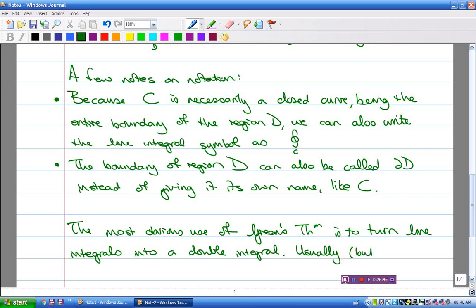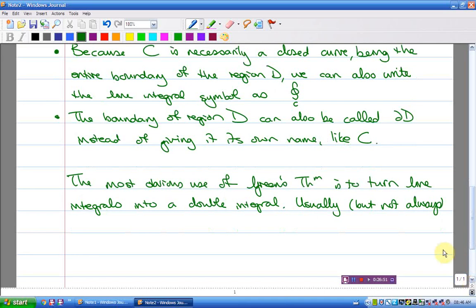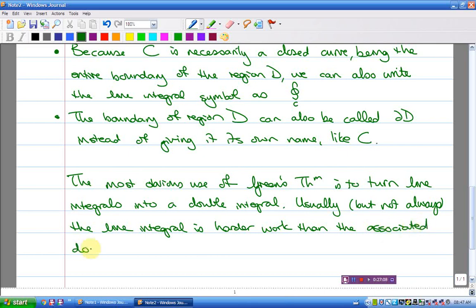Usually, but not always, the line integral is harder work than the associated double integral.